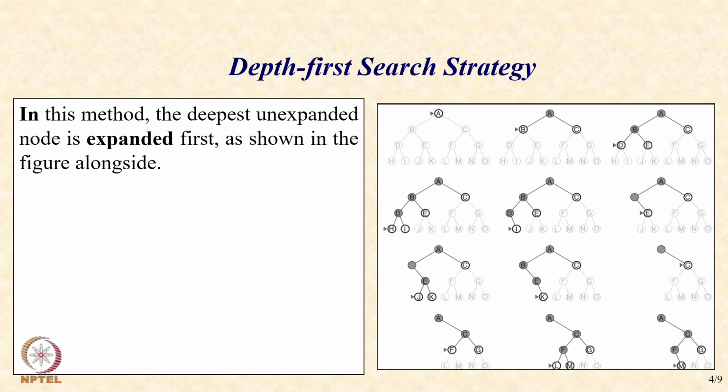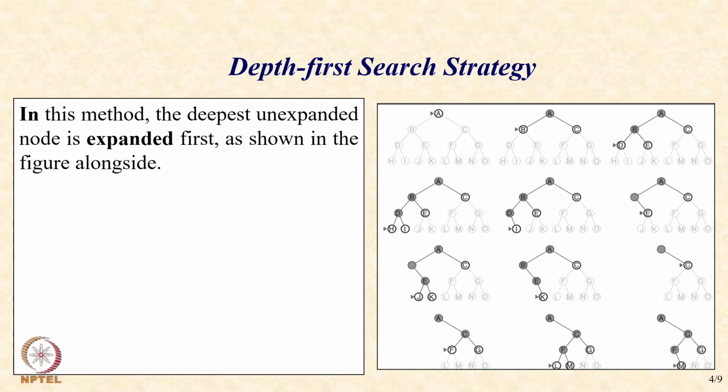So, the process goes up to D, takes up the next node, that is E, and expands E to J and K. After that only it goes one level up, then it takes up C, and then it starts expanding the other branch. So, you realize that this is a slightly different way of searching for the solution.